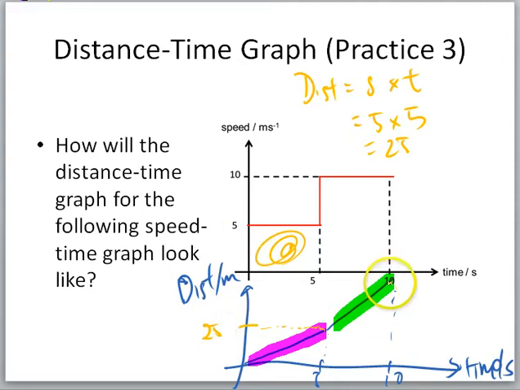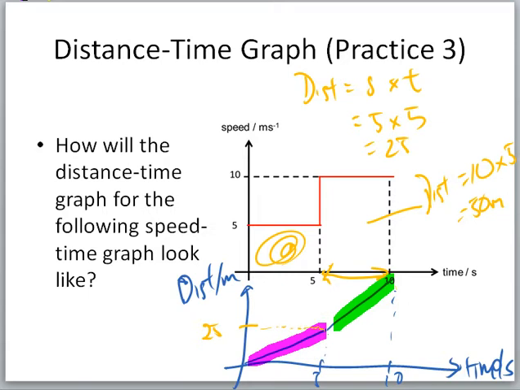How about this part over here? We know that it traveled 10 meters per second for the next 5 seconds. So the distance traveled is equal to 10 multiplied by 5 seconds. You can see it traveled 10 meters per second for only 5 seconds. So this is 50 meters.